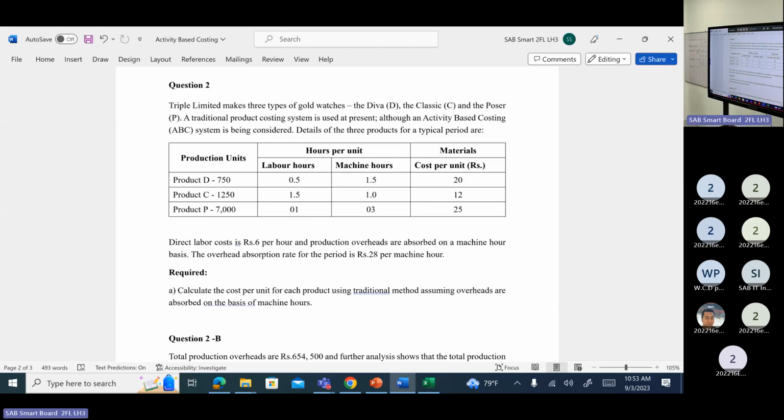You are given the details of 3 products. The traditional system information is given: production units D 750, P 1250, and P 7000.